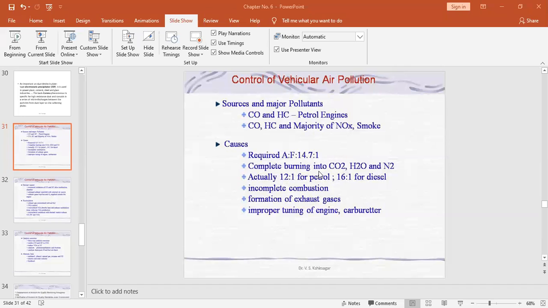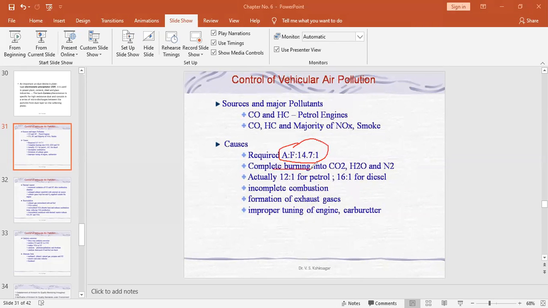And if complete burning is there, then it will emit carbon dioxide, H2O, and nitrogen instead of carbon monoxide, hydrocarbons, and oxides of nitrogen. Are you getting it? If we succeed in maintaining the air to fuel ratio as 14.7:1, then there will be complete burning.